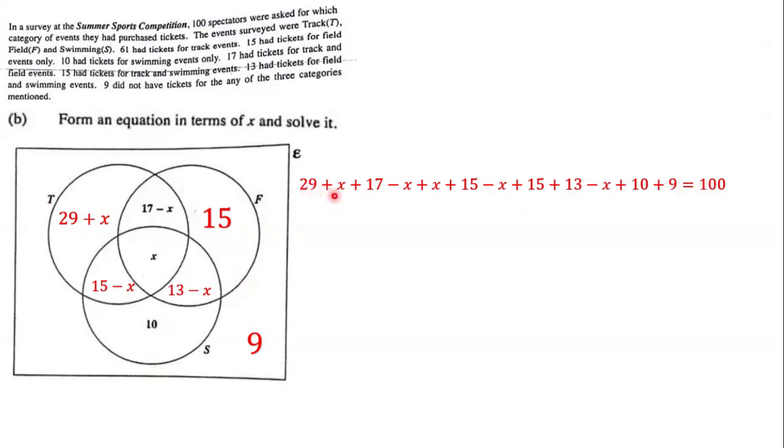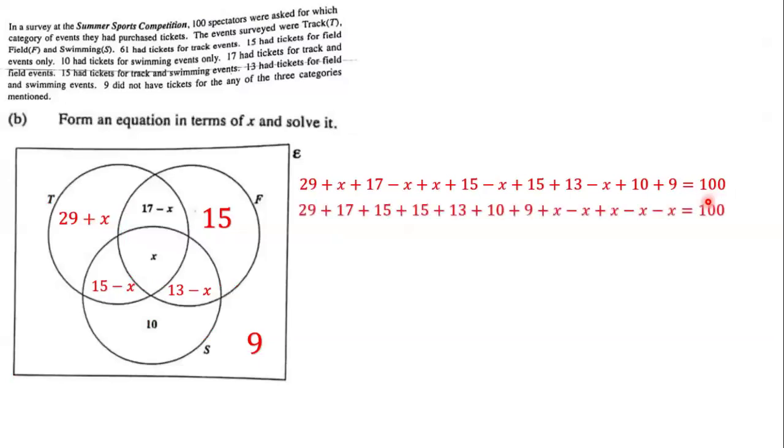So 29 plus x, 17 minus x, x, 15 minus x, 15, 13 minus x, plus 10 plus 9, all that should be equal to 100.